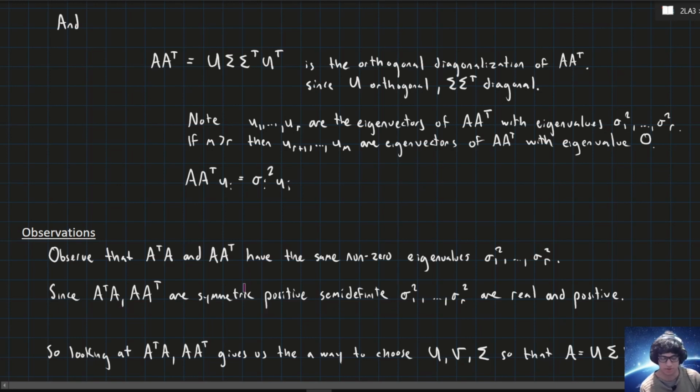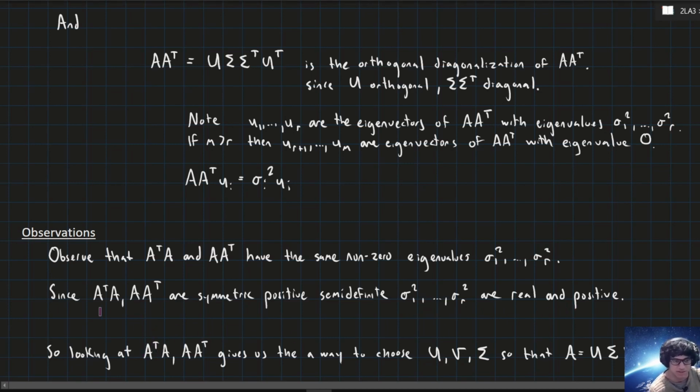Essentially, the solution to assignment 3 question 2, if you just take it one step further, will show this fact. So that means that the eigenvalues are positive and real. These eigenvalues here are positive and real.